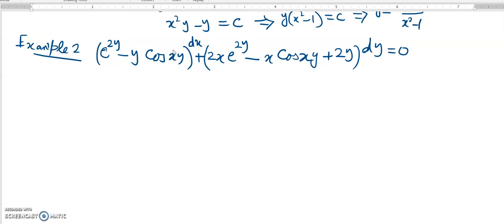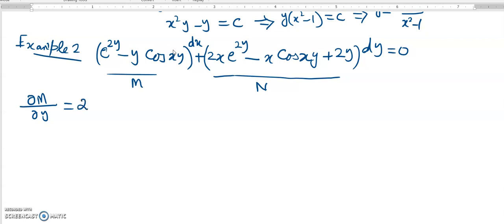So I will take this as M and this as N. Partial M over partial y: differentiating with respect to y, e power 2y will be 2e power 2y. Then for the next term, this is the product of two functions, so we will apply the product rule.